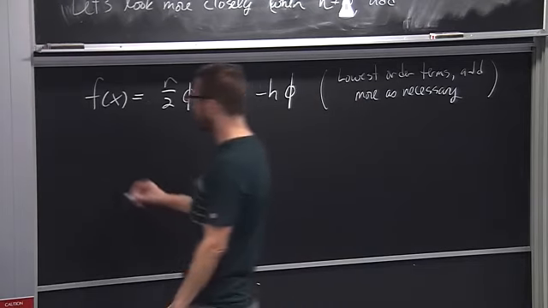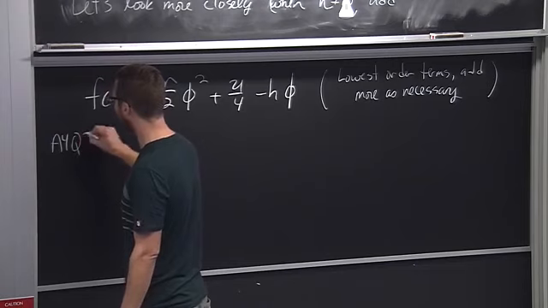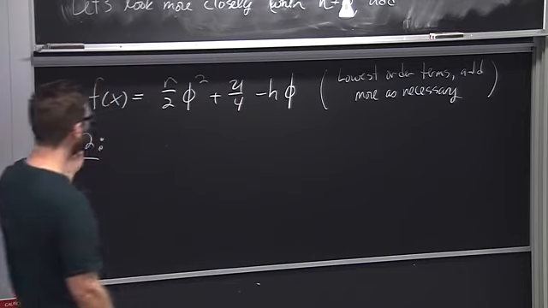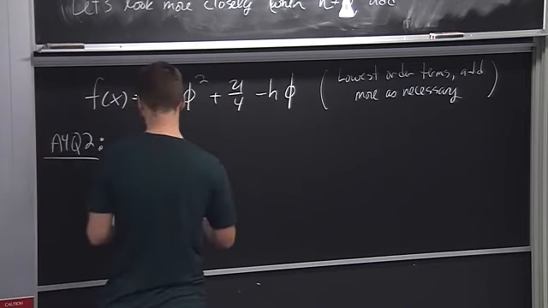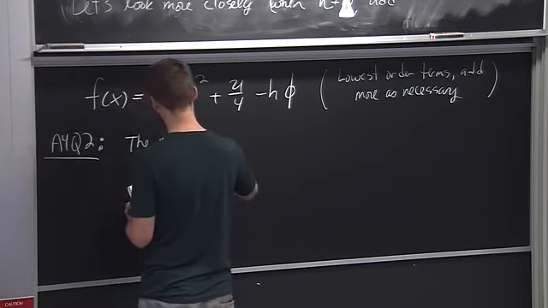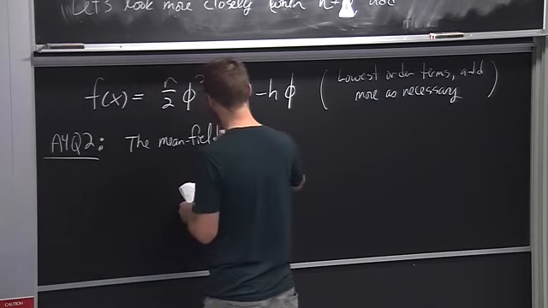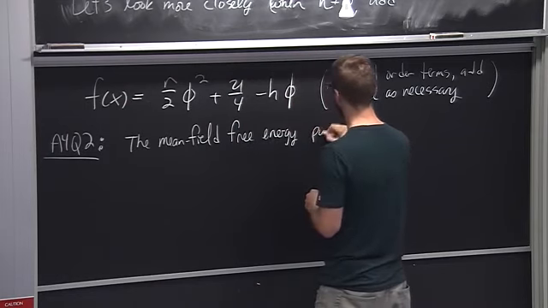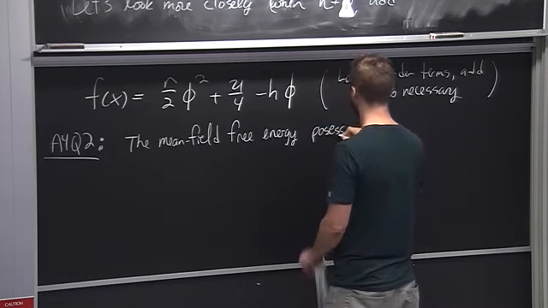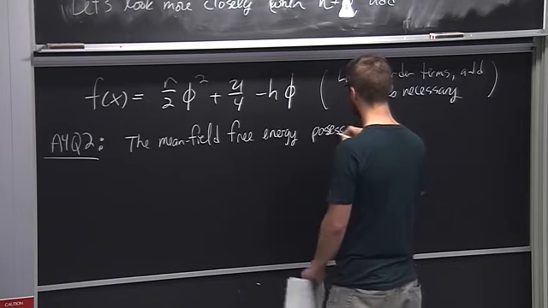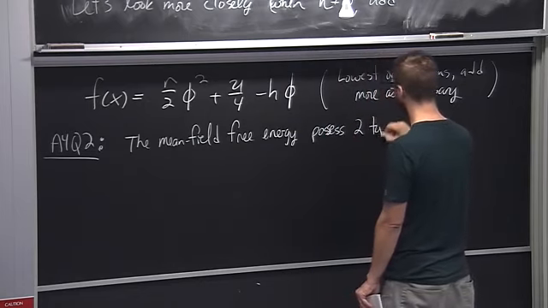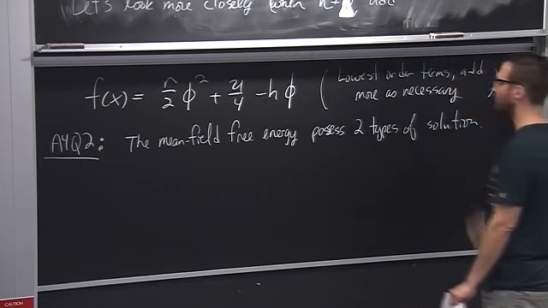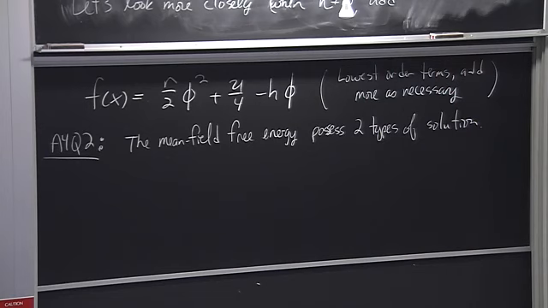This is just slightly harder than your assignment 4, question 2, where you want to find the minimum of that function. There's two very different types of solution.